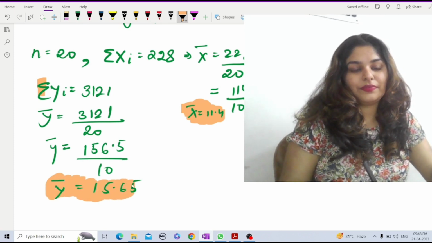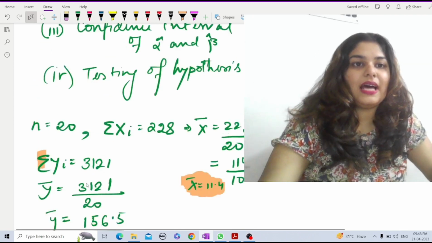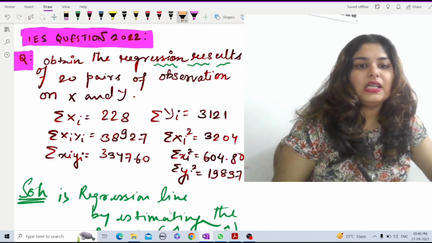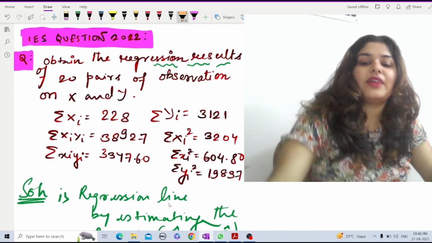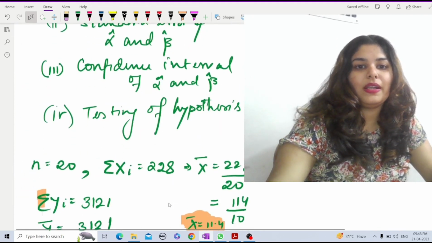Right. Now, what is the first step here? The first step is that we have to calculate the regression line. Here we have two variables, one independent and one dependent.